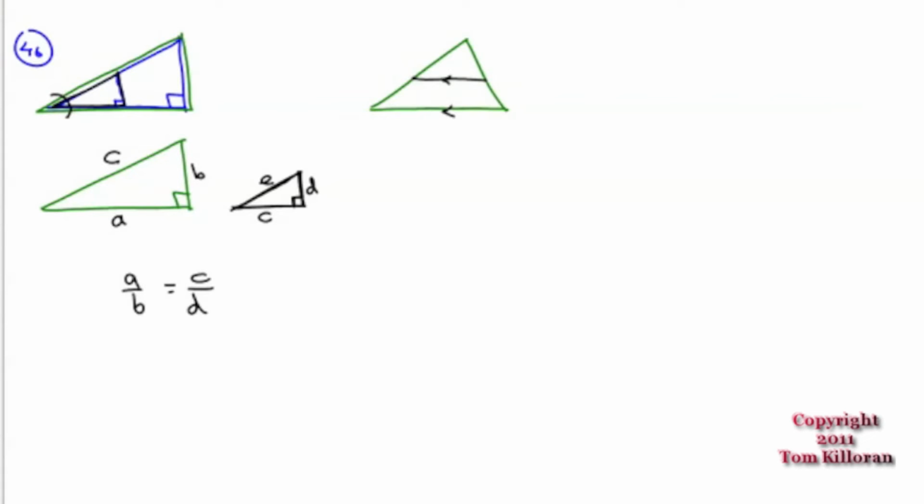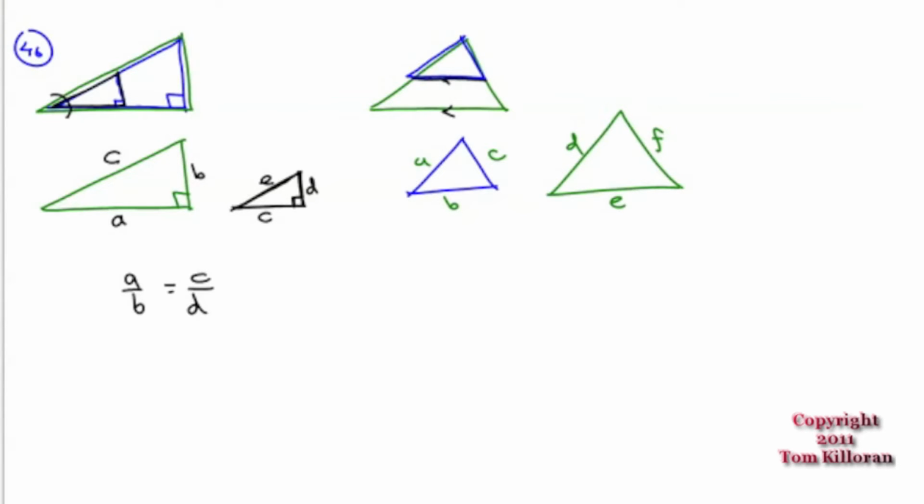This one's a trickier setup. So if I separate them out, let's call this one the blue triangle and the other one the green triangle. Hard to draw. And we call this side A, B, C, and this one D, E, F.